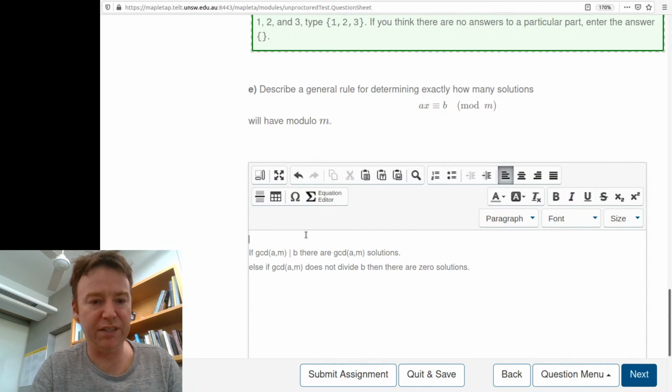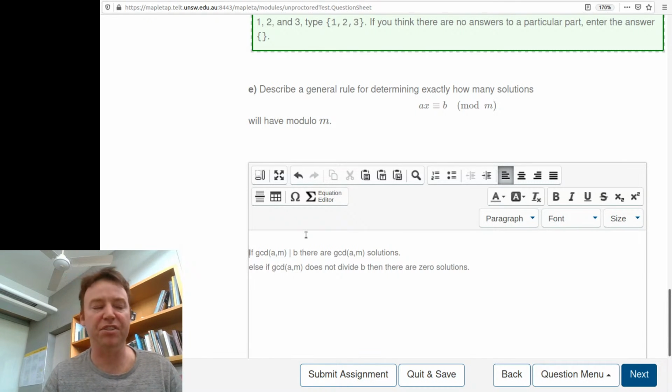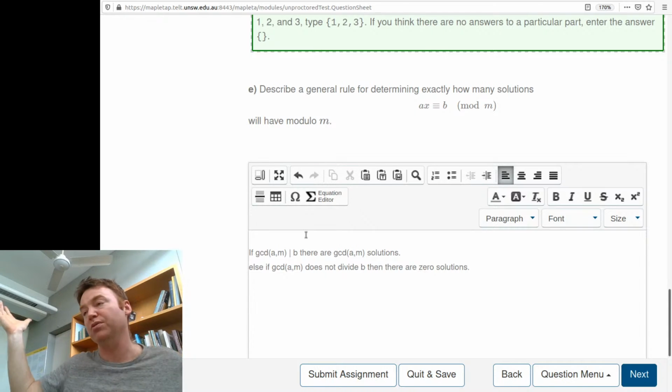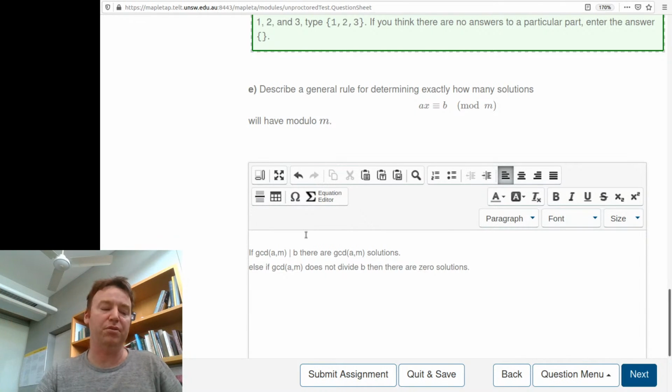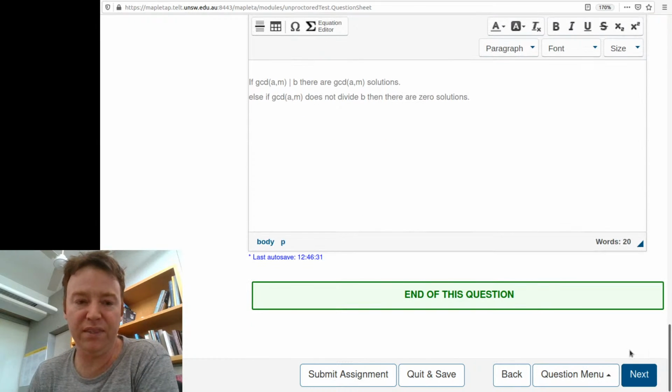You know, I don't even need that first line because that's covered. When the GCD is 1, then 1 divides B, whatever B is, and there'll be 1 solution. And more generally, if the GCD of A and M is some other number, or just call it D, then there'll be D solutions, and that covers the previous case. Whew! Oh man, lengthy question.